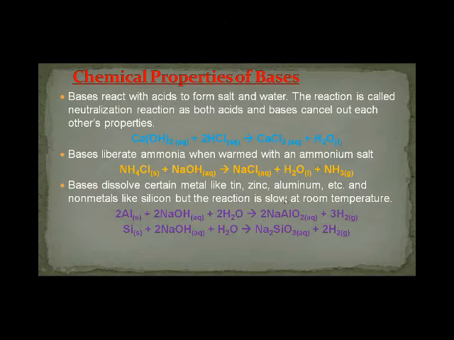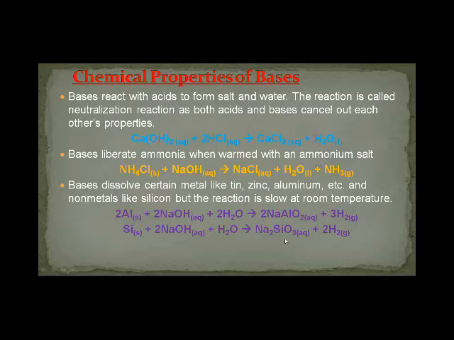It will form sodium aluminate, NaAlO2, and hydrogen gas. So 2 moles of aluminum react with 2 moles of sodium hydroxide and 2 moles of water, and will form 2 moles of sodium aluminate and release hydrogen gas.